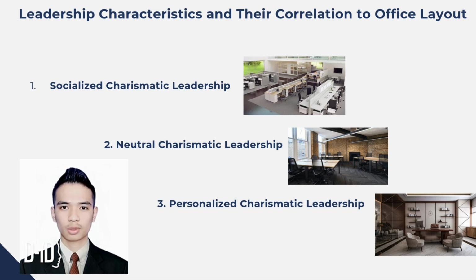For example, an open and collaborative office layout can facilitate better interaction between leaders and employees, supporting socially charismatic leaders who prioritize pro-social values. On the other hand, segmented and hierarchical workspaces may be more suitable for personalized charismatic leaders, who focus more on individual gain. Thus, the choice of office layout can reflect and influence how leaders interact with their teams in the context of CSR.